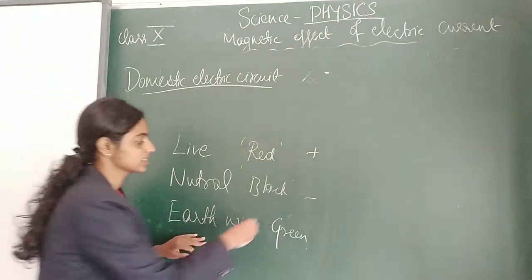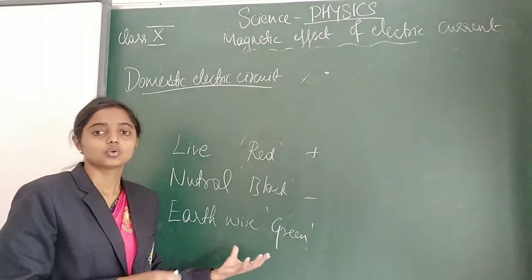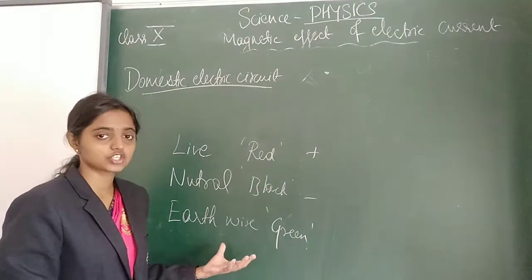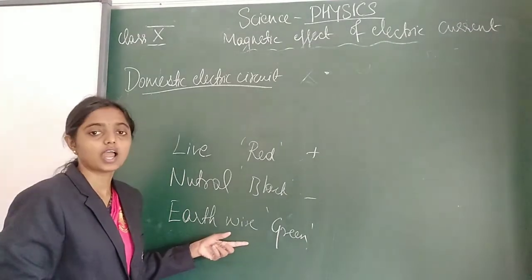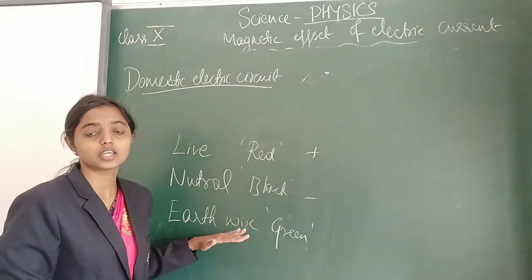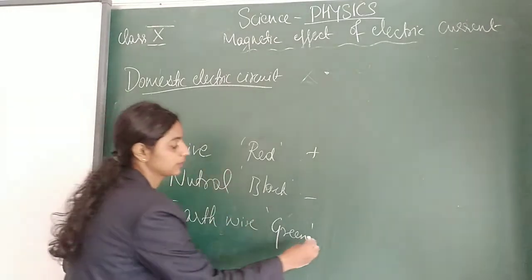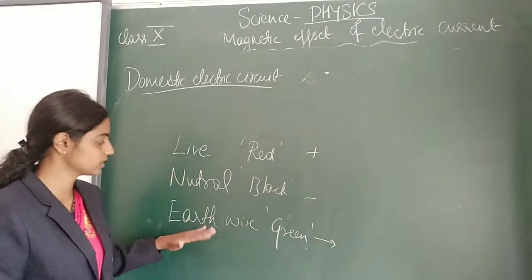And the earth wire is indicated by green, and it serves a safety purpose to avoid any complications. The earth wire has its own role, which is why we have it, and it is important in each and every electrical circuit. Let me tell you later what the role of the earth wire is.